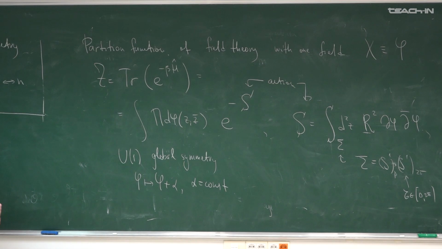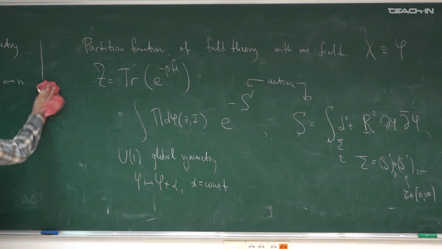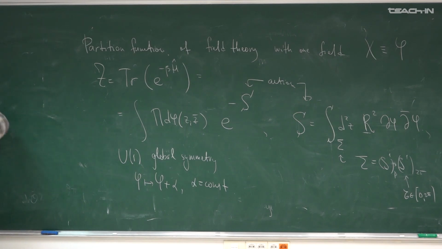And now what we will do is we will gauge this symmetry. If you have a global symmetry, you can gauge it by introducing a gauge field. So let us gauge this.